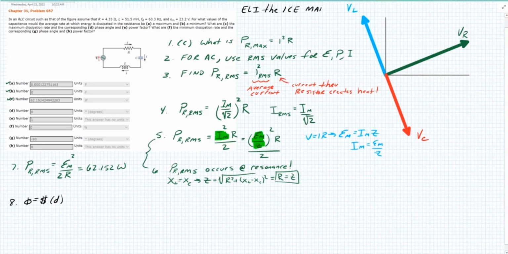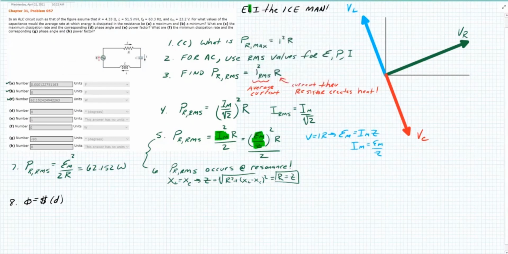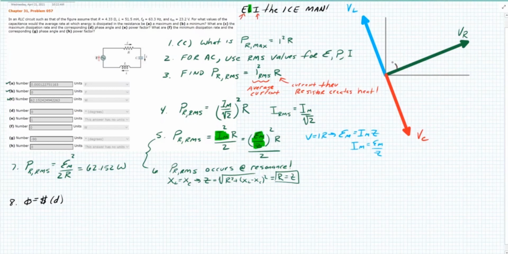World's most famous mnemonic, at least for RLC circuits, Eli the Iceman. Eli the Iceman tells us that, for an inductor, here's my inductor. When I'm looking at an inductor, voltage leads current, because right here, this is voltage, this is current, and you're seeing voltage lead current right here. Ready, set, go. This is always 90 degrees.